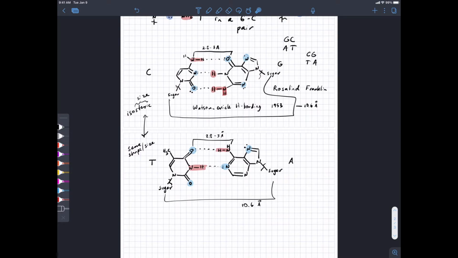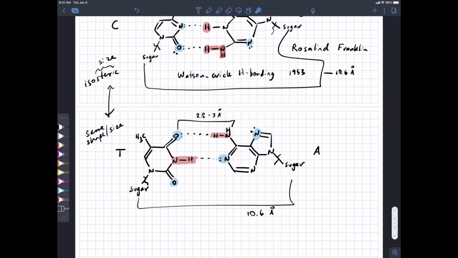The questions, go ahead. Would it also work to flip thymine so the other oxygen bonds with the nitrogen on the end? That's a good question. Can we flip the thymine so that this one would be here and vice versa? It looks like it would work.